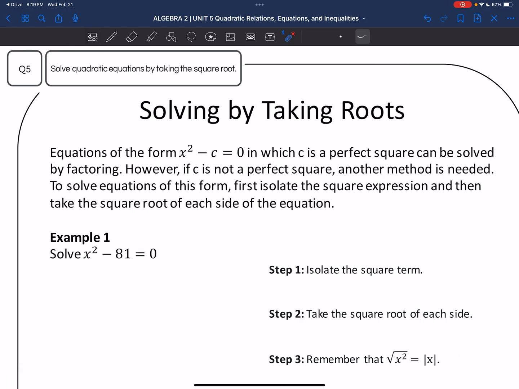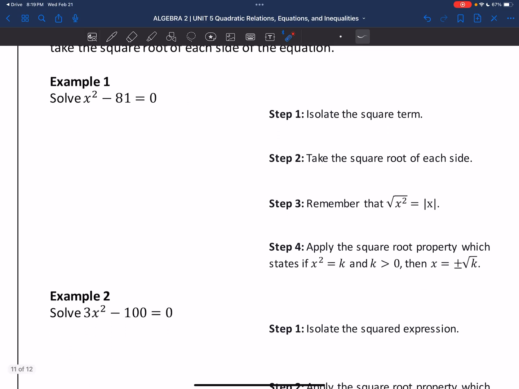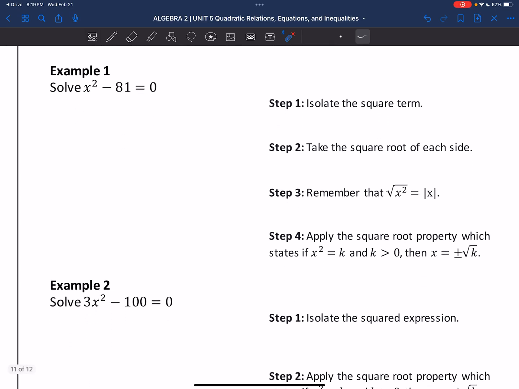So to solve equations of this form, the first thing that we're always going to want to do is isolate the squared expression and then take the square root of each side of our equation. Let's look at this first example together. If we're going to solve x squared minus 81 equals 0, then the first thing is to isolate the squared term.